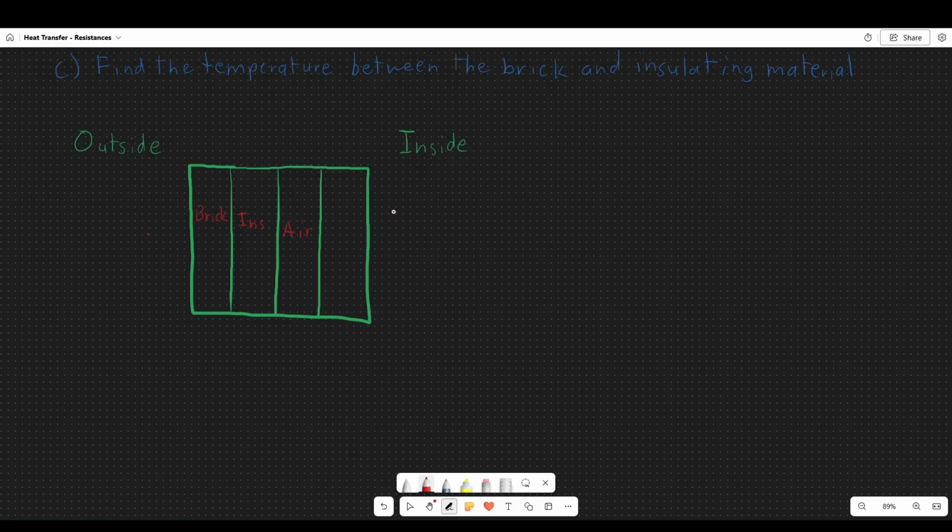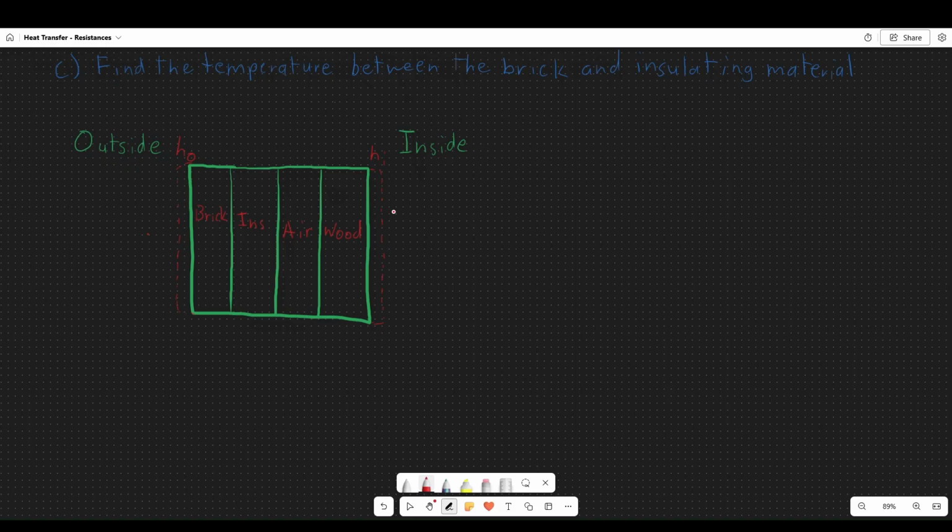And then we have wood. And then we have this kind of boundary, thin convection. So we can call this HI. And then we have the same thing on the outside, and we can call this HO.